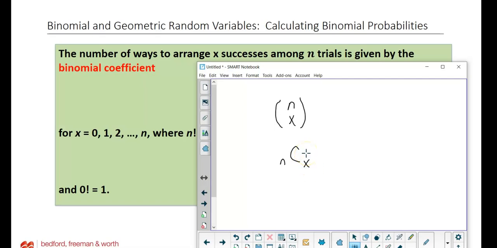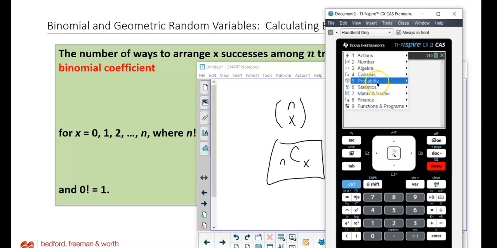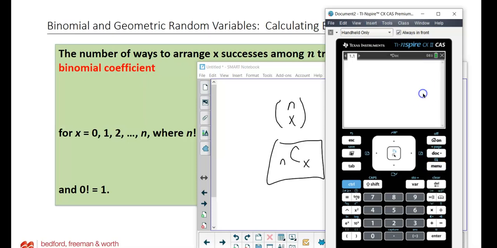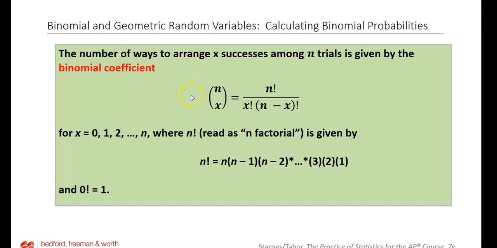Sometimes I even call it nCr just because of the way that command appears in your calculator. We'll get to that in a minute. How do you get there? You go to, I guess, menu, probability. That's called a combination, nCr. And so you would put in n comma x, whatever those numbers are. So that's the first part of the formula there.